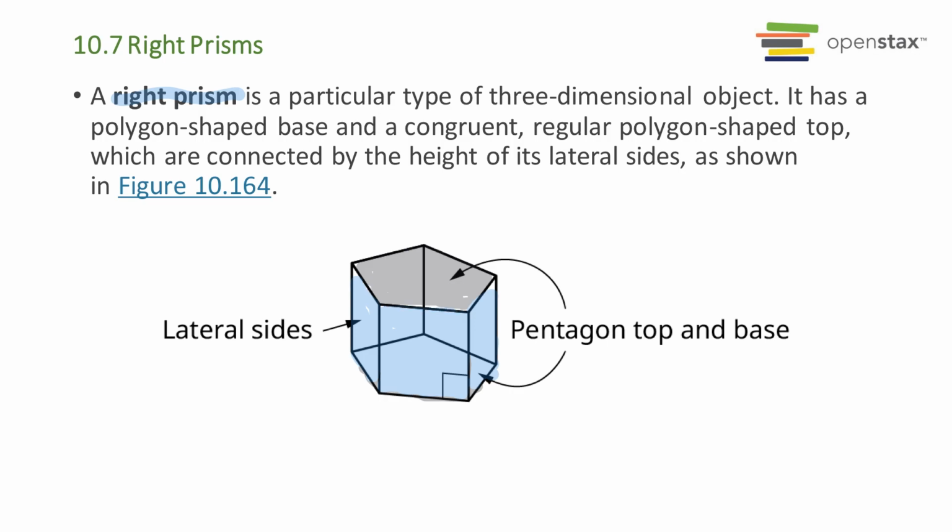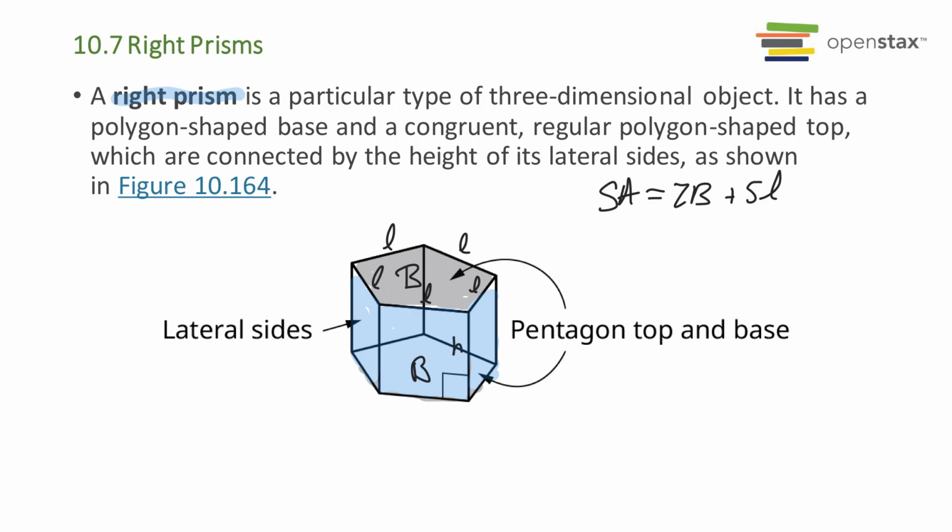So if we were talking about surface area, right, we've got this big B and big B here, so that's 2 copies of big B. And then we've got these 5 sides, L, L, L, L, L, right? They all have length, so there's 5 of those times the height.